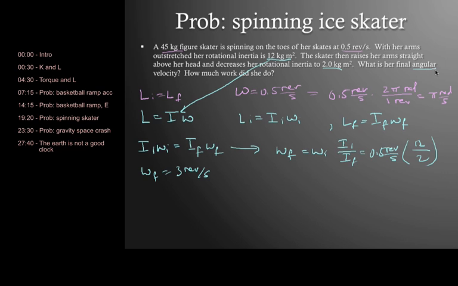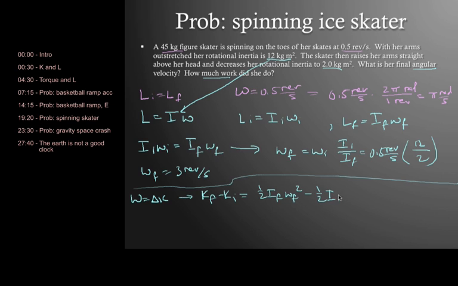And so we found her final angular velocity, but how much work did she do? So when we want to talk about work, work is the change in kinetic energy. So her initial kinetic energy, we're going to subtract that from her final kinetic energy. So the final is 1/2 I final omega final squared minus 1/2 I initial omega initial squared.